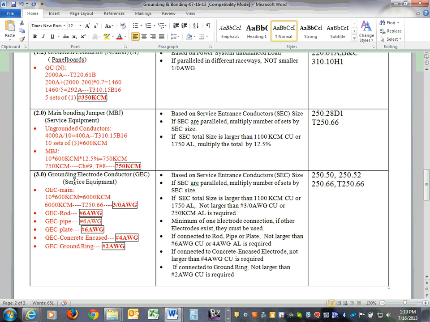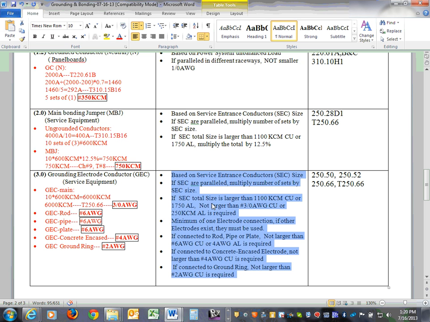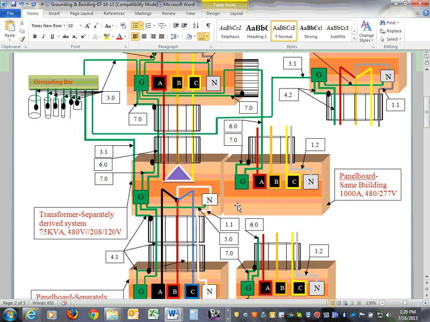There's a bunch of description about this right in here, how to do it and how to size it, and so forth, from the NEC code book. These are all the references from the NEC code book where this information has been taken, summarizing it. Okay, so now we are at the service.